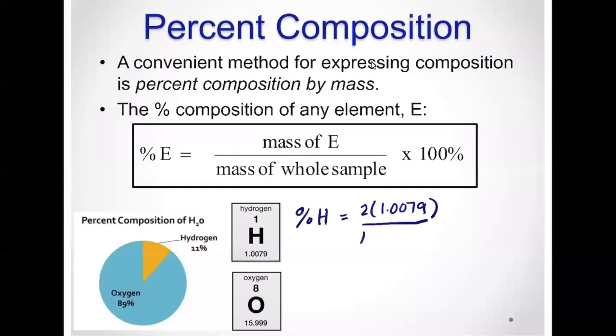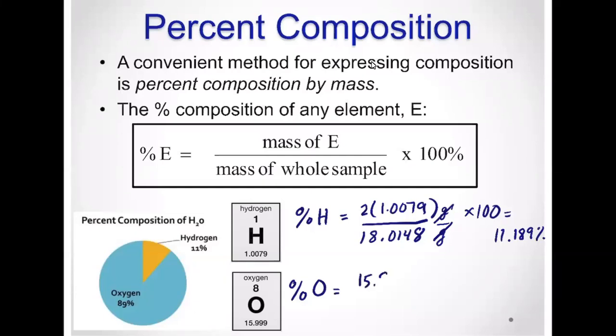But if you add it up precisely, it is 18.0148. These are expressed in grams per mole or AMU, and they cancel out anyway, times 100. And that comes out to 11.189%.